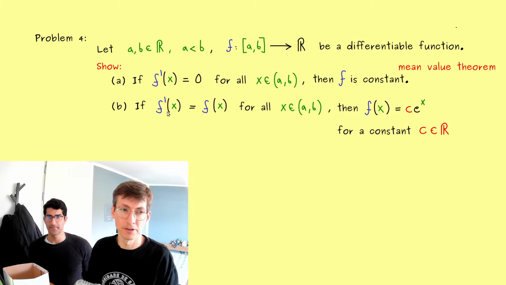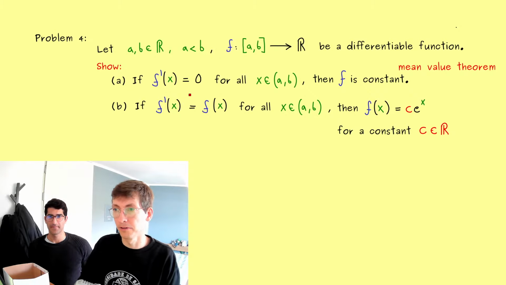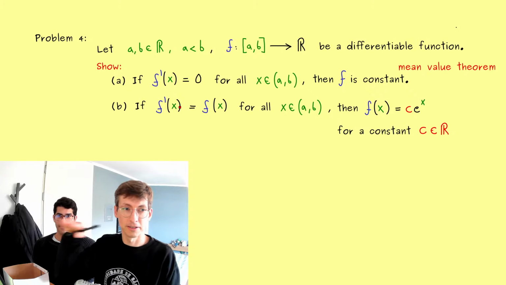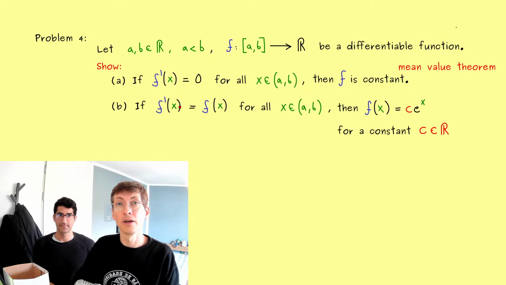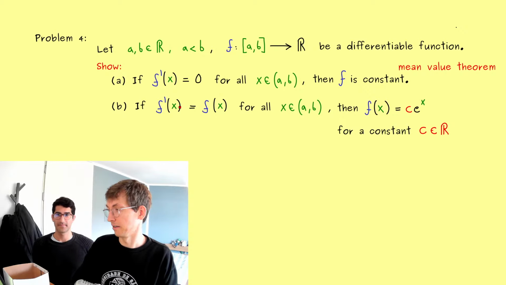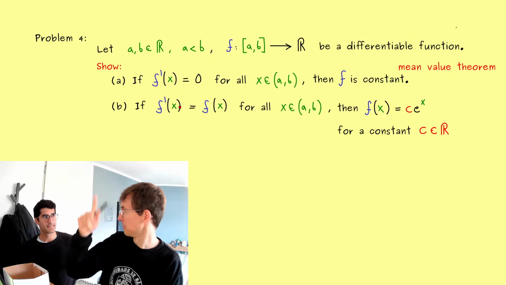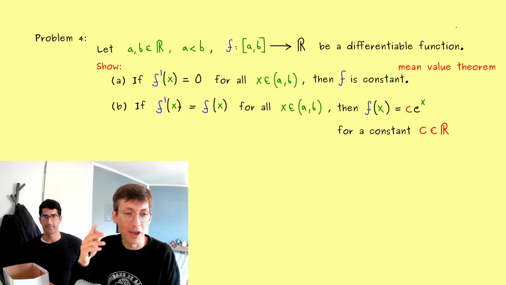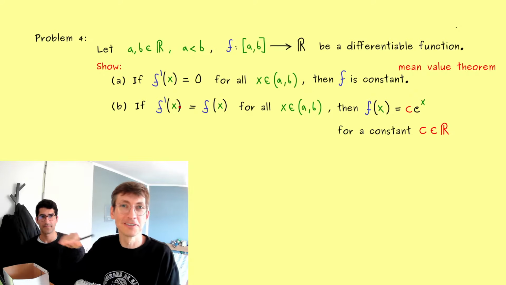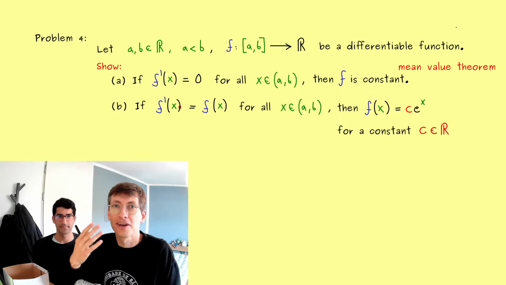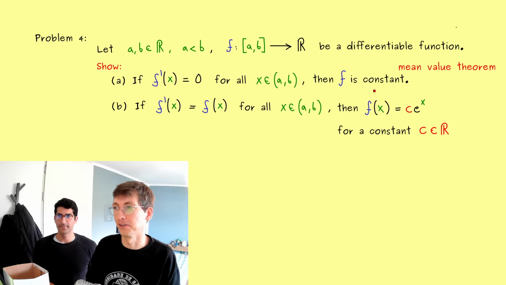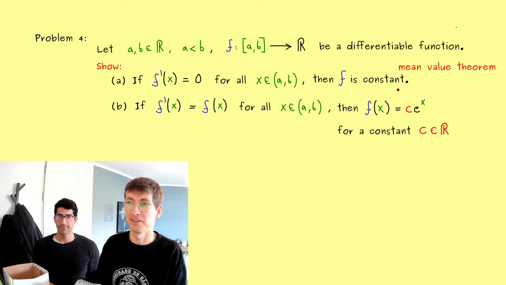If you work with derivatives, you already know 0 derivative means you have a tangent which is horizontal, which means you use it for calculating maxima and minima. But now you have that everywhere. So you have this horizontal slope everywhere, and therefore the function has to be constant. It does not change its value.